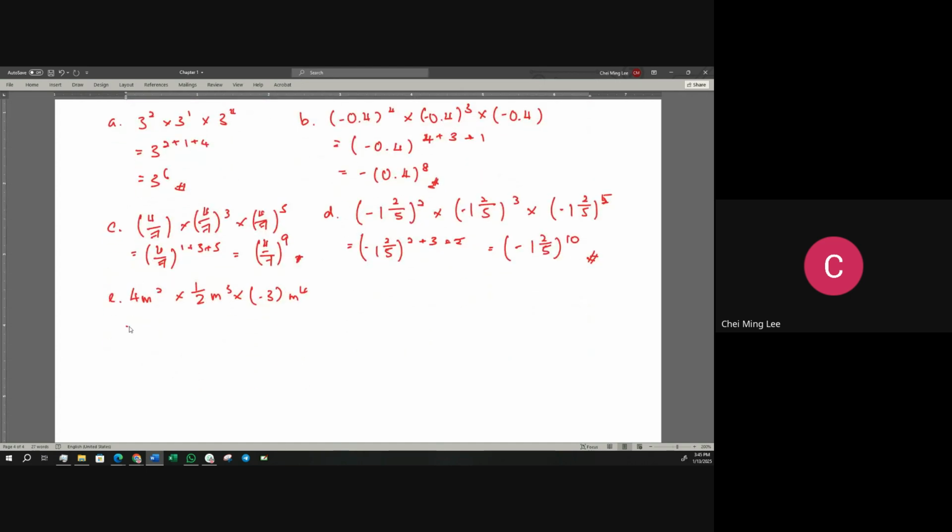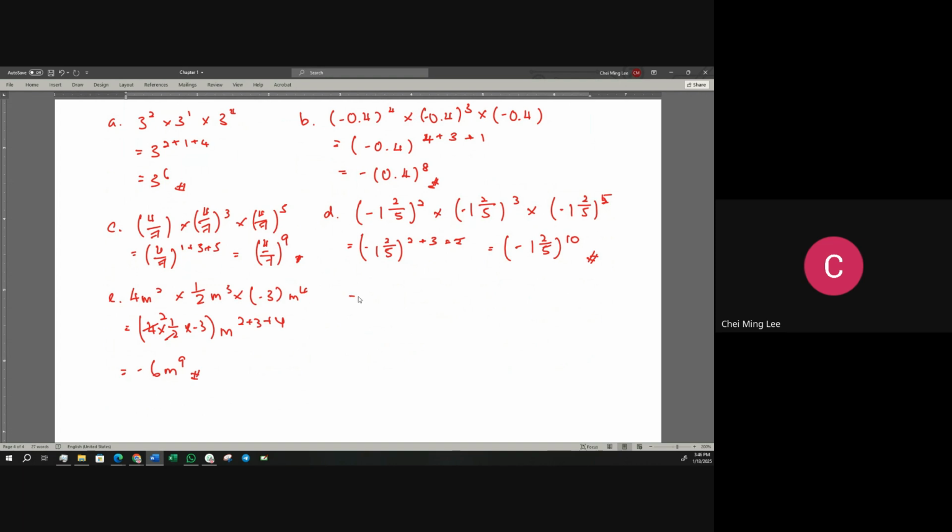We make it 4 times 1 over 2 times negative 3, and then the other part, m is 2, 3, 4. 2 plus 3 plus 4. So 4 times 1 over 2 times negative 3 is negative 6, so negative 6m to the power of 9. Correct?